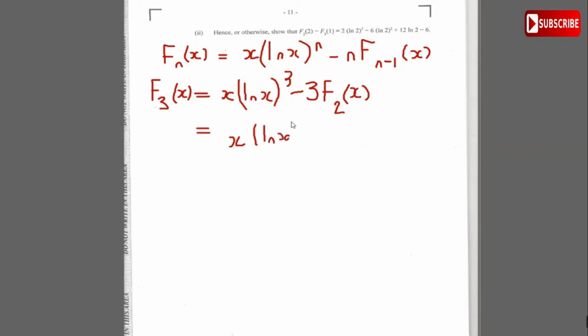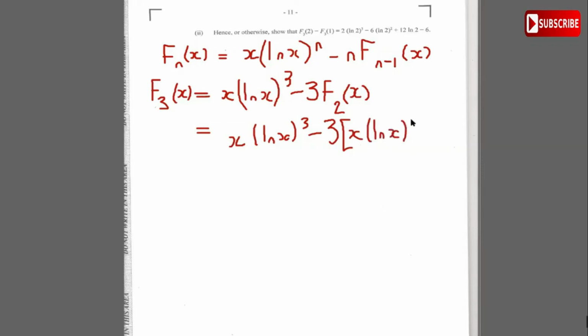So f_3(x) is equal to x(ln x)^3 minus 3 times f_2(x). To find f_2(x), we have to go back to this formula again and put n as 2.